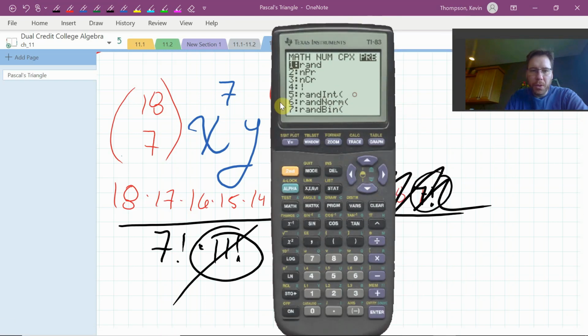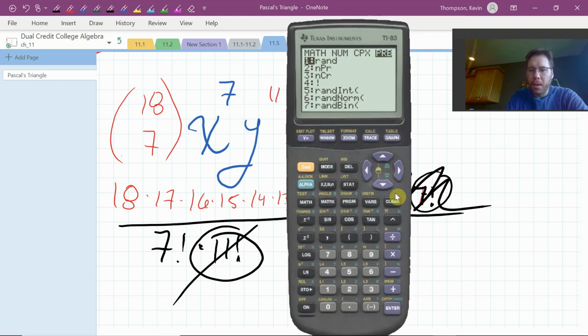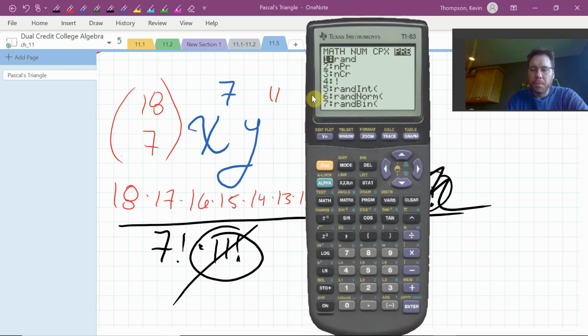what we'll do is, let's suppose I just want to type that into my calculator, and where you want to go is into this math menu, and then you can go over to probability. And you can see here nPr, nCr, and even factorial. And so we're choosing combination here.